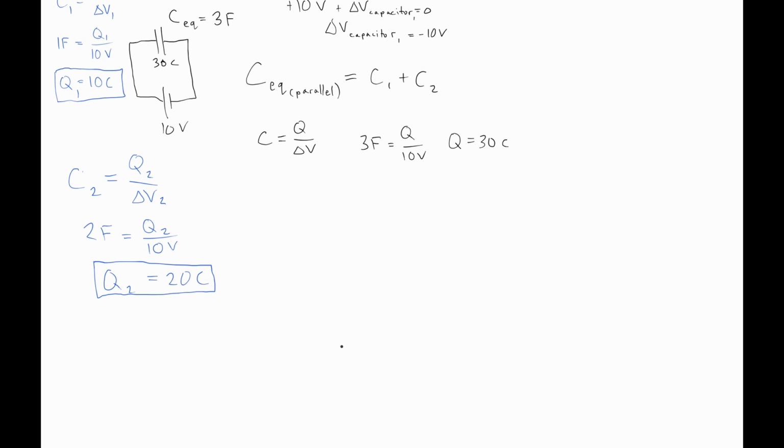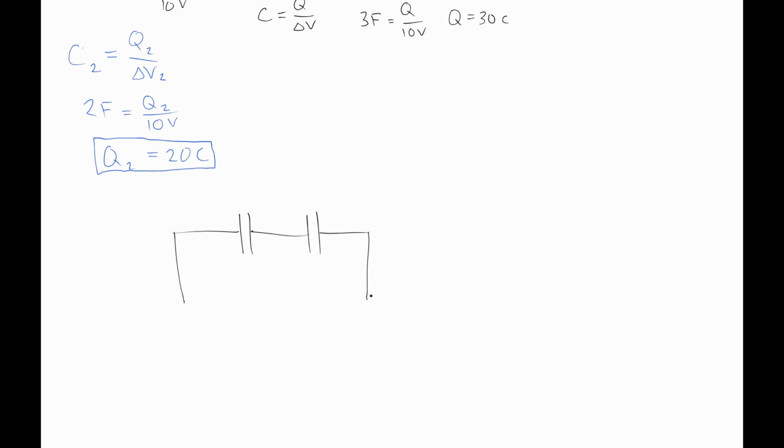Alright, so now let's try a capacitor in series problem. If they're in series, they're wired in a loop, so that they are both part of a single loop now.